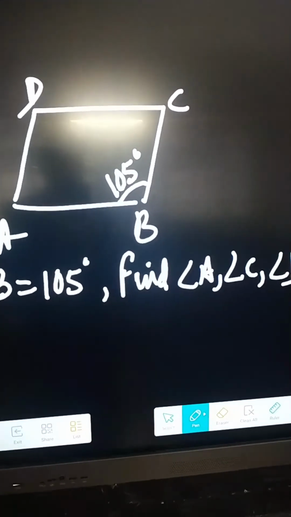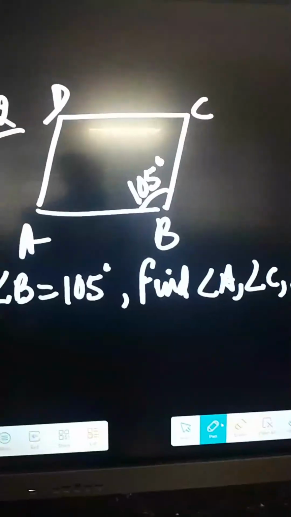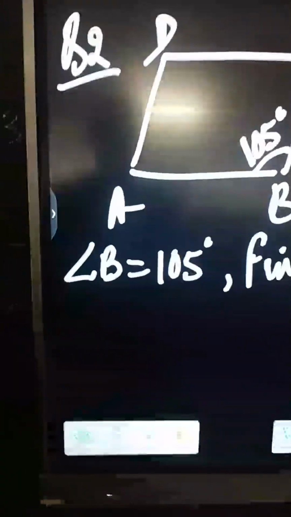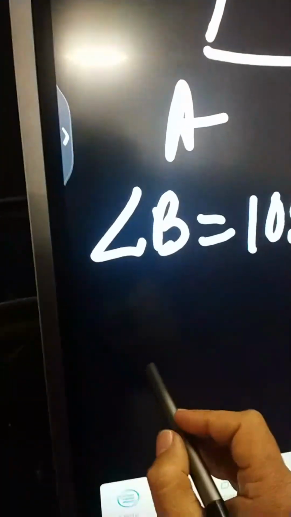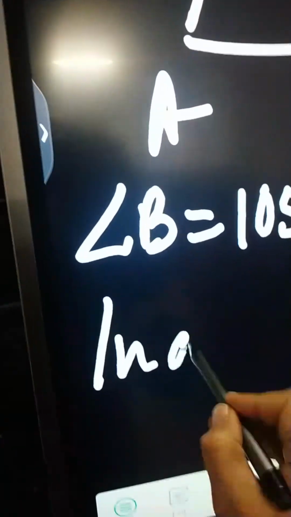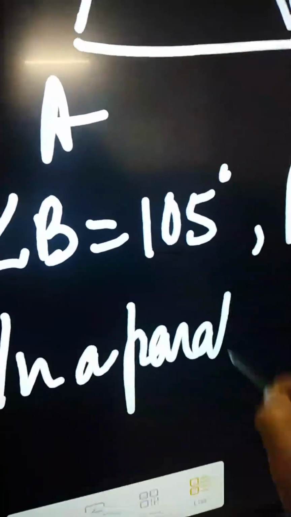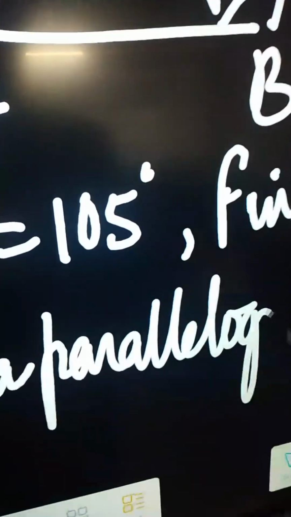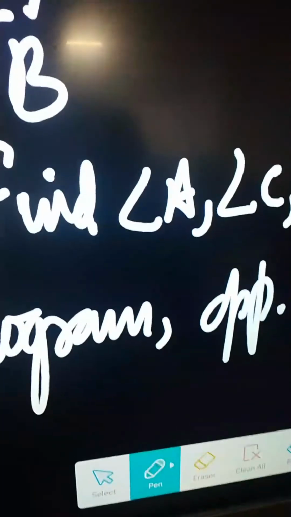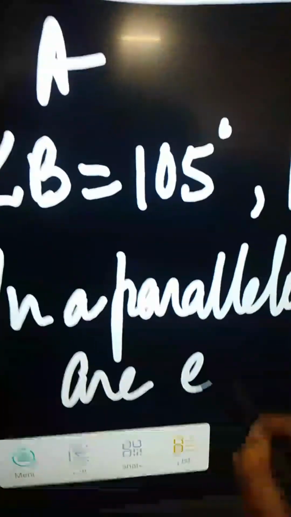So how will you find the angle? Using a property of a parallelogram. Which property of a parallelogram will you use? You will say, in a parallelogram, opposite angles are equal.